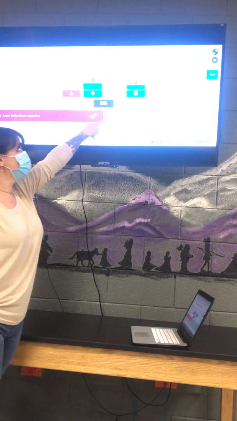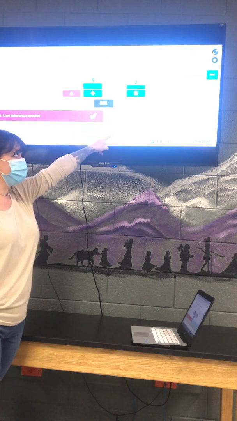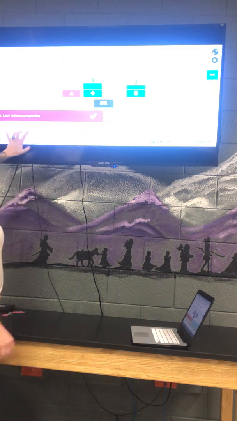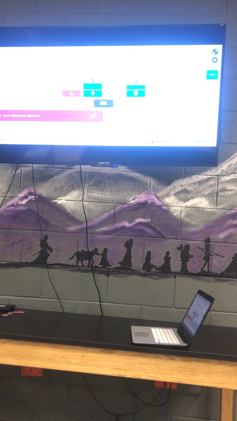So this could tolerate all kinds of pollution. This is slightly tolerant, which means that it can tolerate just a little bit. This means it can't tolerate any pollution, pretty much, hardly anything. Sometimes these are called intolerant species instead of low tolerance. But you have intolerant and tolerant. Tolerant can tolerate anything. Intolerant can only live in really good water.